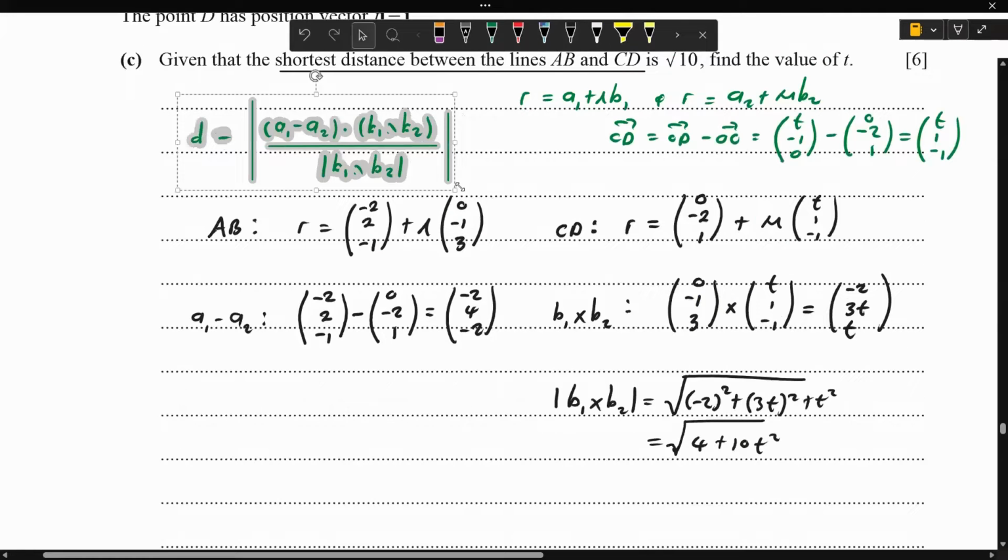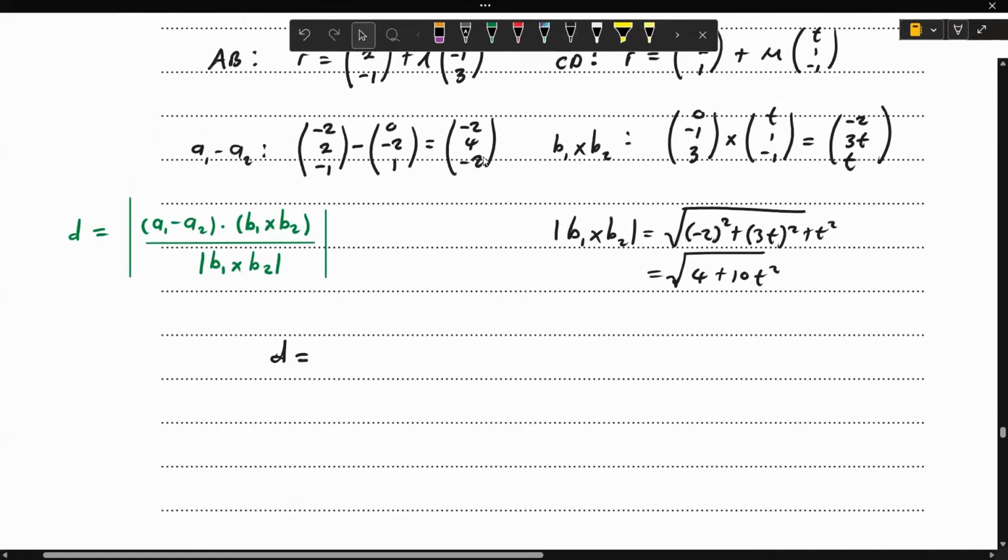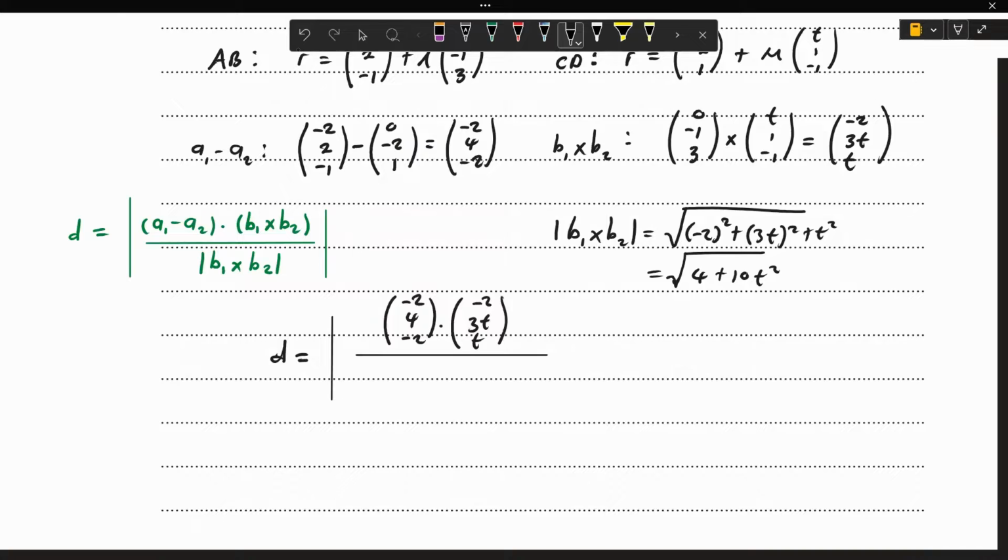Remember the formula we're using? Let me just put it on the side. So basically, d is equal to, under modulus, the dot product, a1 minus a2, that's (minus 2, 4, minus 2) dot (minus 2, 3t, t), and that's over the square root of 4 plus 10t squared, like this.